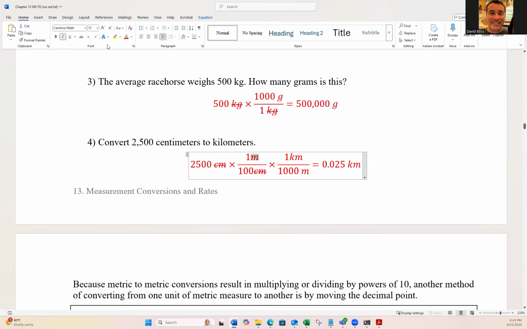Then you have meters divided by meters. So you have 2,500 times 1 divided by 100 times 1 kilometer divided by 1,000. You run that through your calculator, you get 0.025. So 2,500 centimeters is 0.025 kilometers.